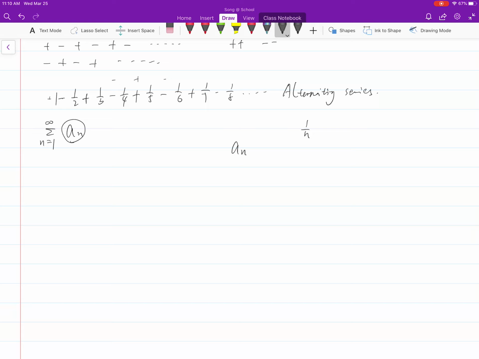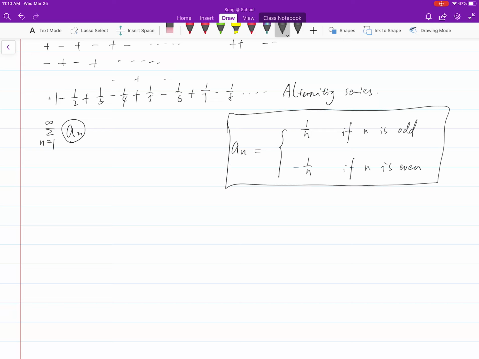So a natural way to write it down is with a piecewise formula. Sometimes it's positive 1 over n, like 1, 1/3, 1/5. Sometimes it's negative. It depends on whether n is odd, it's positive, number 1, number 3, number 5, and if n is even, it's negative. So we can certainly write down something like this, which will work.